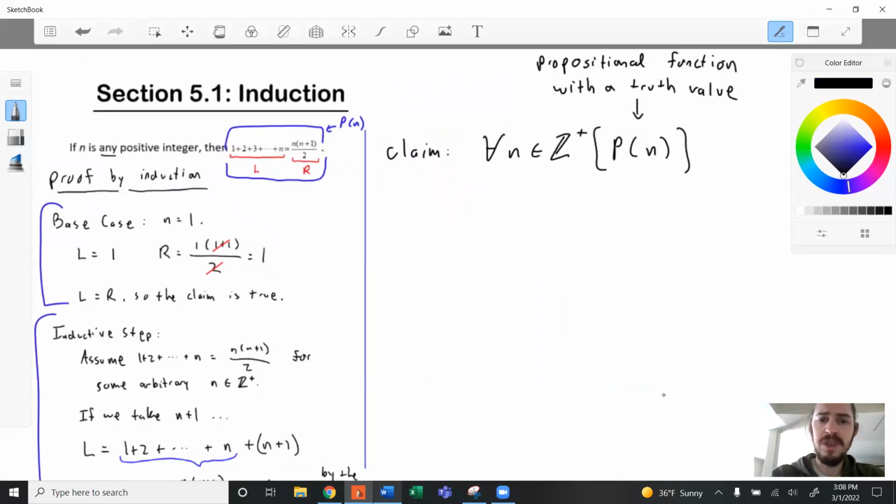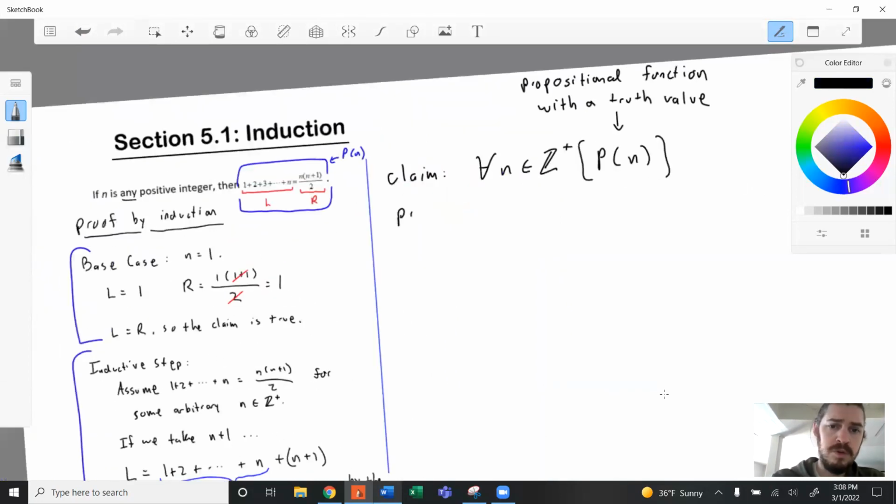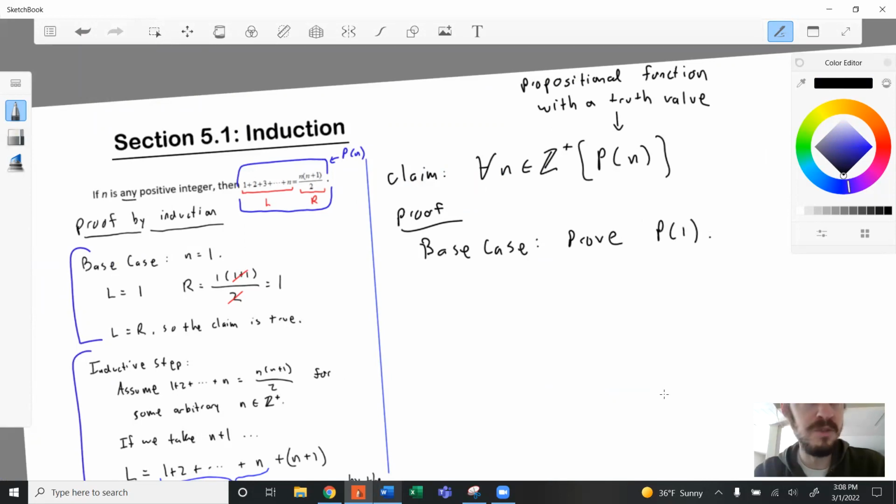So then the first thing you do to prove a claim like this is your base case. The base case is essentially just proving that it's true for the first value of n, which if you're using Z plus would be P of 1. So the base case is just prove P of 1. Now that's all you need to do.